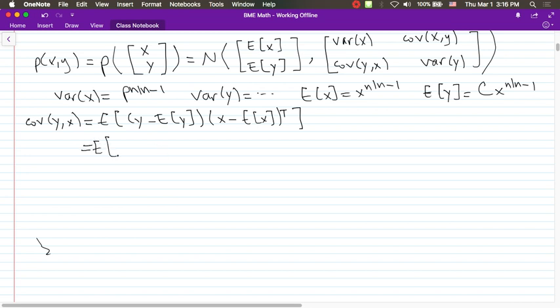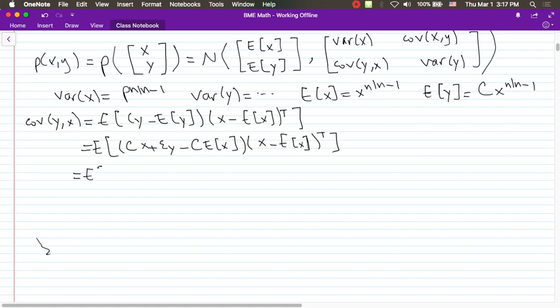So that's the expected value of what's y? Y is cx plus epsilon y, minus what's expected value of y? That's c times expected value of x. And then here we have x minus expected value of x, transpose.